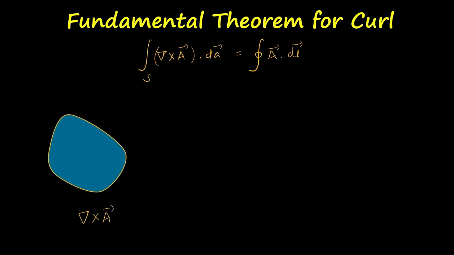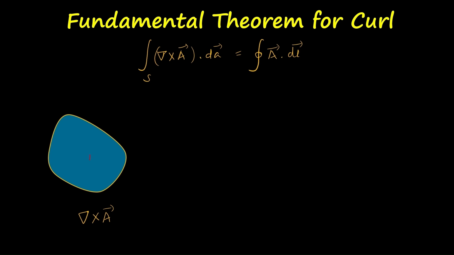What is the meaning of the curl of a vector? In the beginning of the video, we learned what curl is. The curl of vector A is trying to measure the circulation nature of the A vector with respect to a particular reference point.